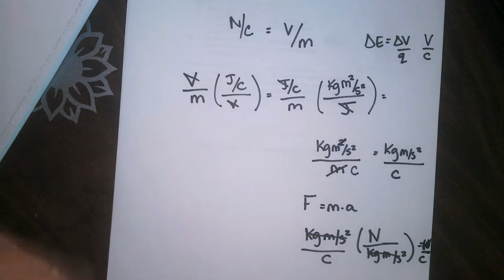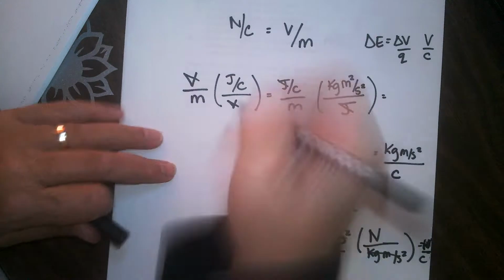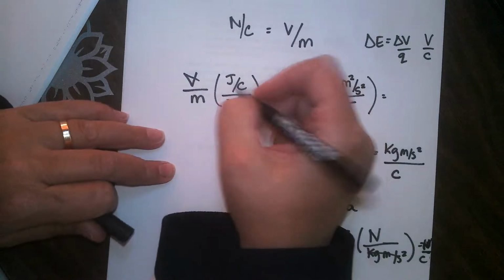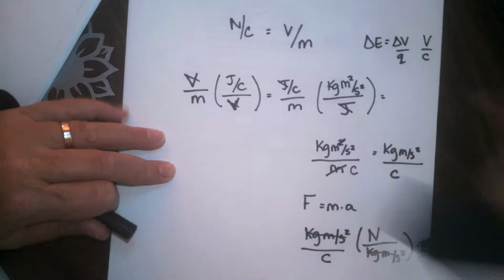So this is in the teacher note package on Google Classroom. This here, a volt, is a joule per coulomb, right?